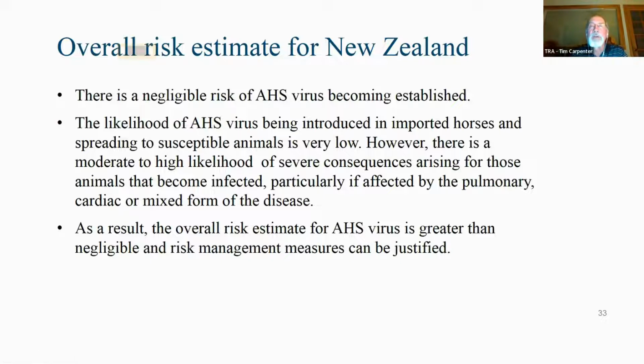If it were introduced into an infected animal, it's unlikely that it's going to spread. However, if it does, and it has an infection that is rather extreme, affecting the pulmonary, cardiac, or mixed forms of the disease, it could be very biologically important, especially to the infected animal.